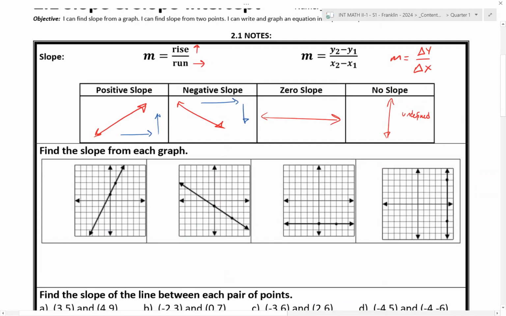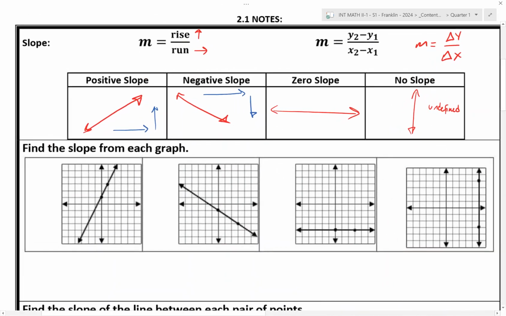Now when you find slope from a graph, you want to find the actual number, the value of the slope. You can't just say positive or negative unless you're specifically asked for that. You need to find the actual value. And so to do that, we find rise over run, the change in y over the change in x between any 2 points on the line. Helpfully, these graphs are marked for us.